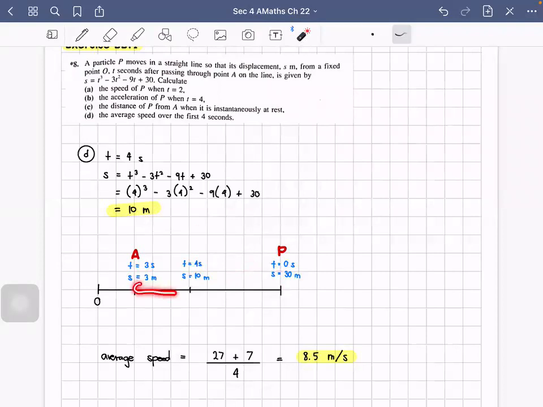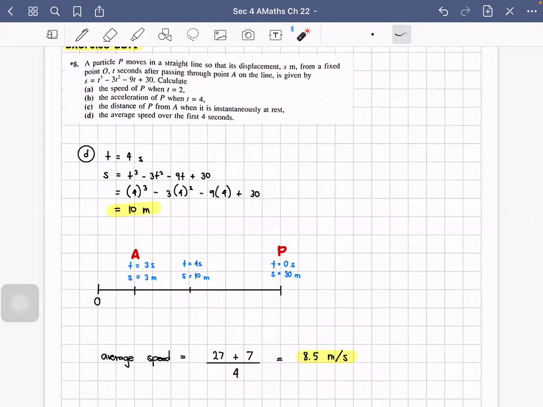So there's a distance here up to here. What is the coverage here? That is 7 meters. And then divided by the time taken, which is 4 seconds. So your answer here, class, is 8.5 meters per second. That's the average speed of the particle on the first 4 seconds.